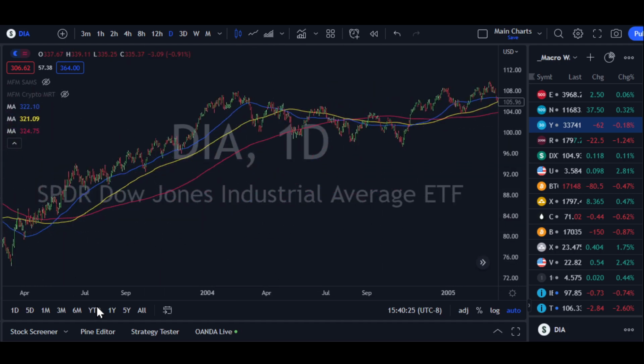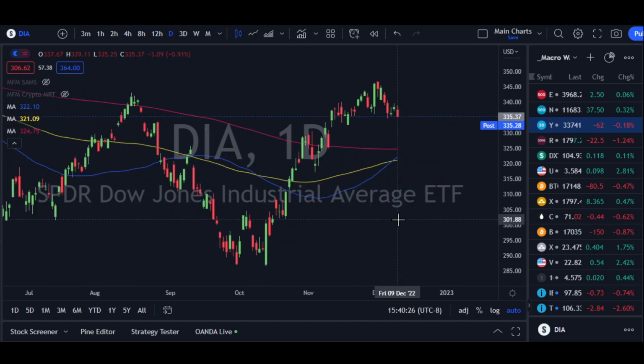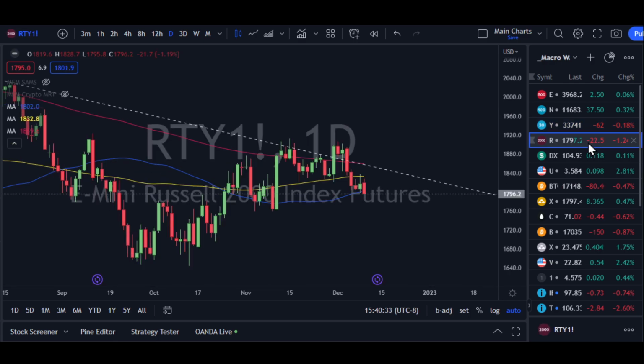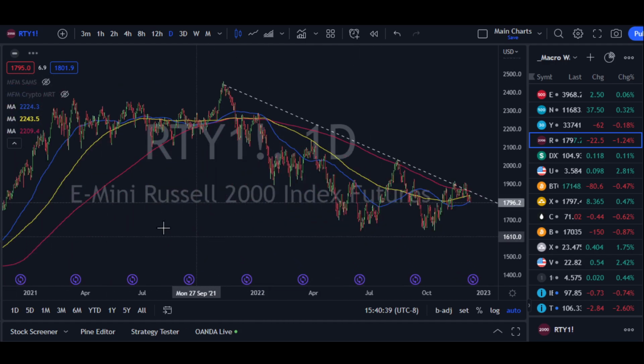So I think that it's important to be aware that just because you get that kind of technical cross, it doesn't mean that price is just going to go back up. I think the red flag for me is the Russell. Many of you, if you've followed the channel, know that I talked a lot about the Russell not confirming price action during all of 2021 was a problem.